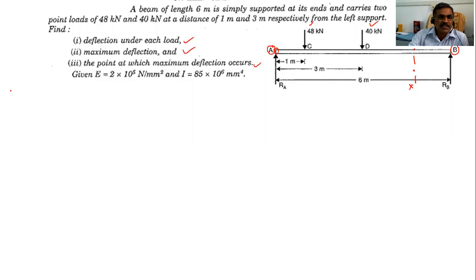That is, the equation is EI. Before that, you have to find the reactions at A and B. If we are interested in the reaction at A, you take moment about B.